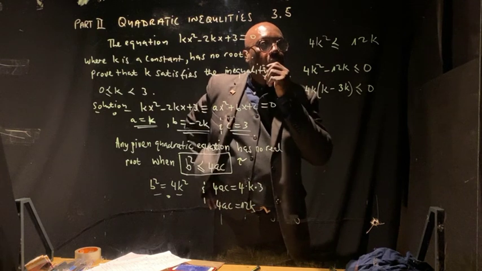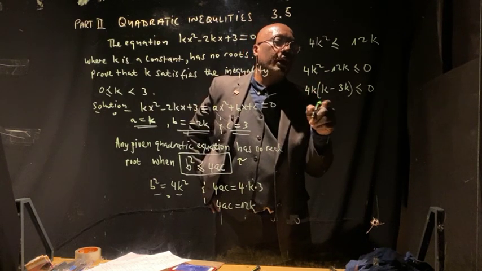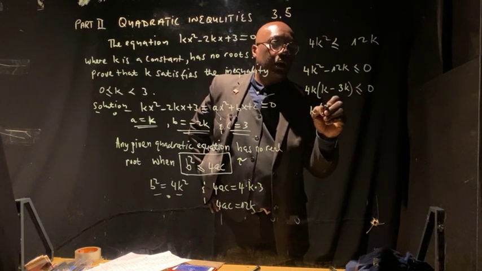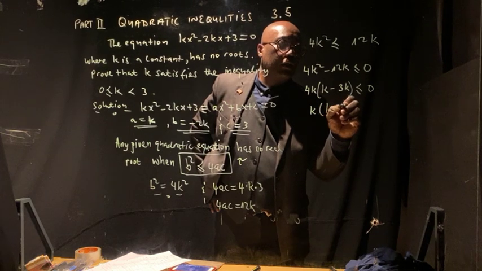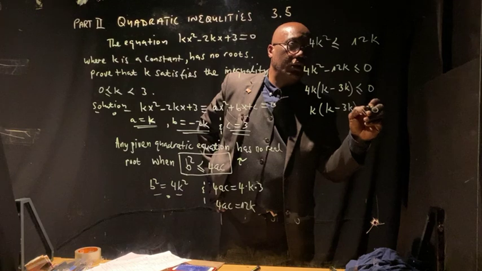If we divide through by 4, we will be left with k times k minus 3 is less than or equal to 0.